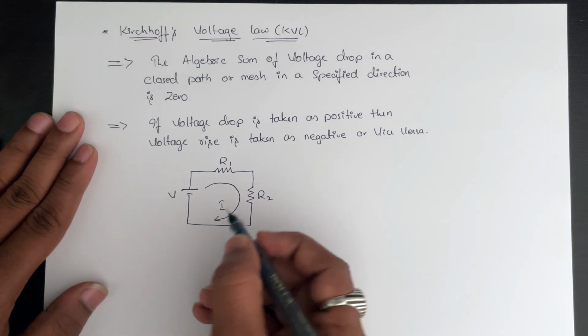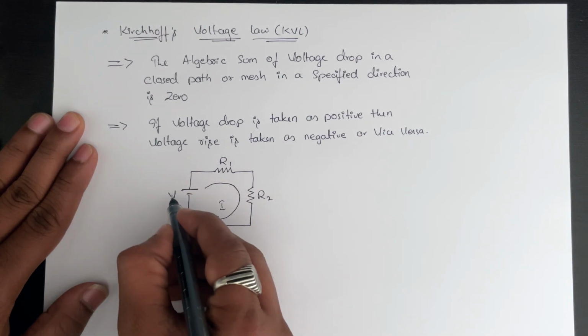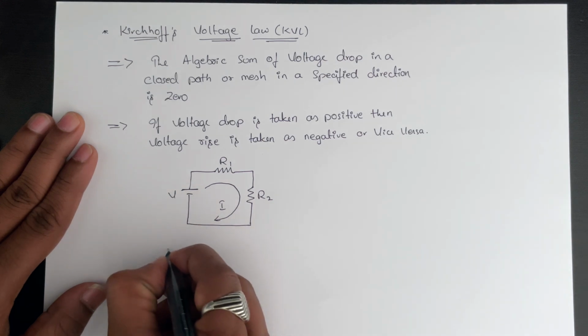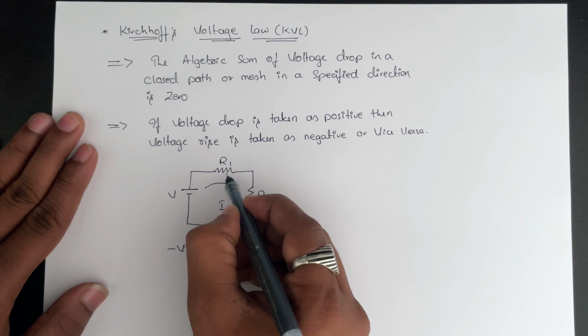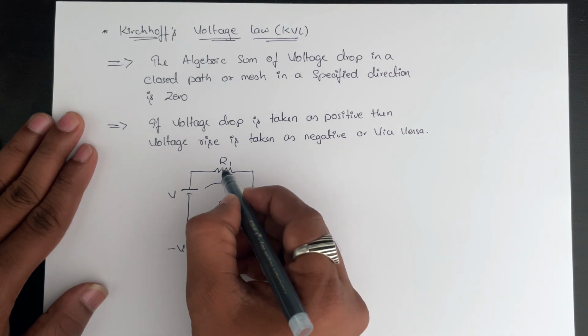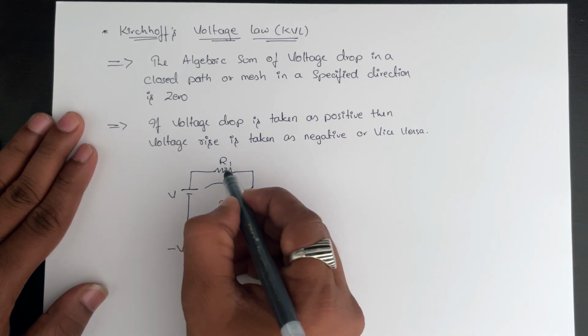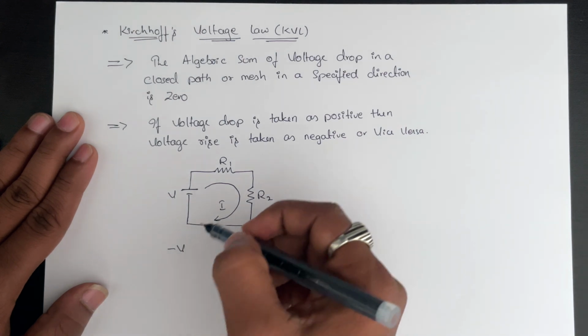To understand, let us take this voltage rise as negative, minus V, and the voltage drops at R1 and R2. Let the voltage drop at R1 be V1. What is the value of V1?